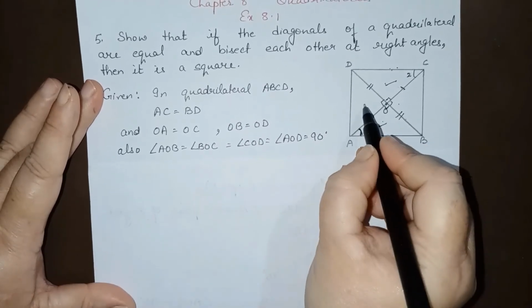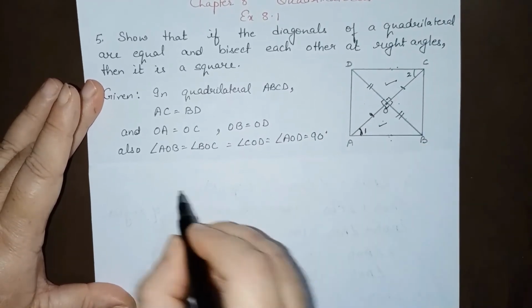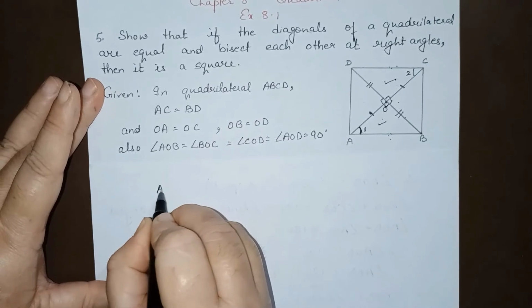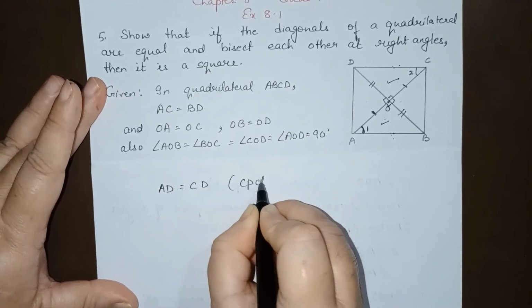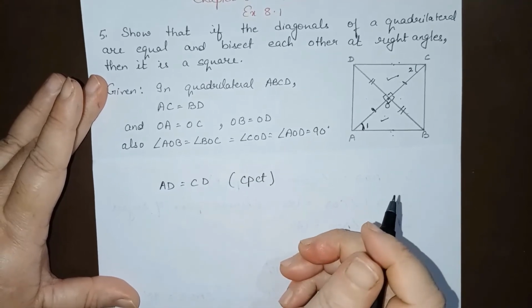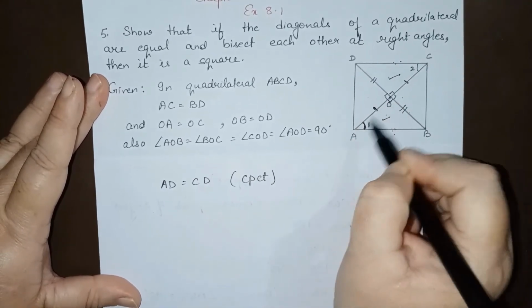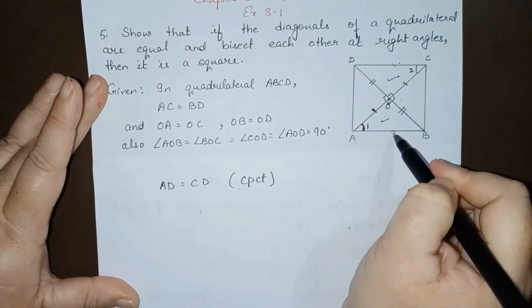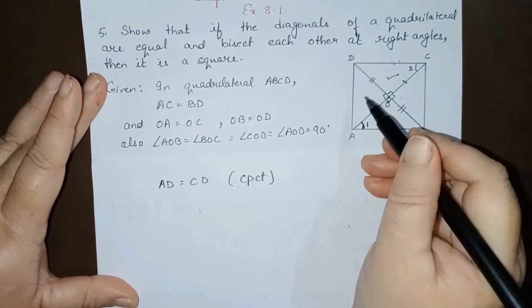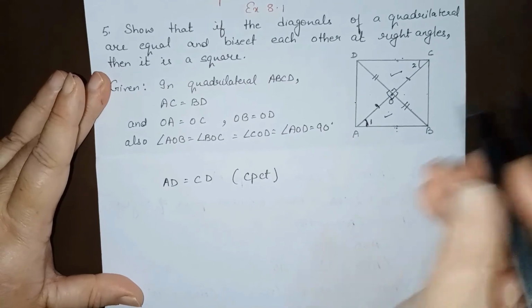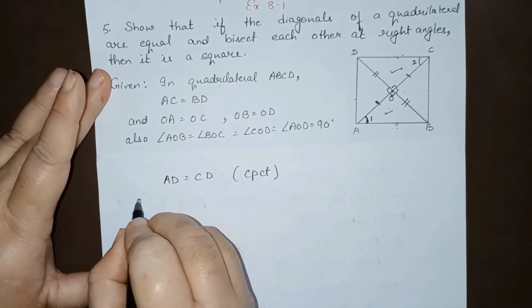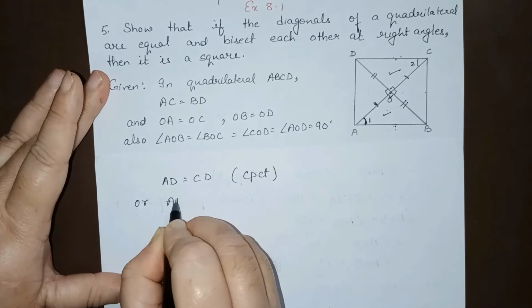Now, since triangle AOD and triangle COD are congruent, therefore we have AD is equal to CD by CPCT. Now, since this is a parallelogram, CD will be equal to AB, opposite sides of parallelogram are equal. AD will be equal to BC, opposite sides of parallelogram are equal. Or we can say all the sides will be equal.